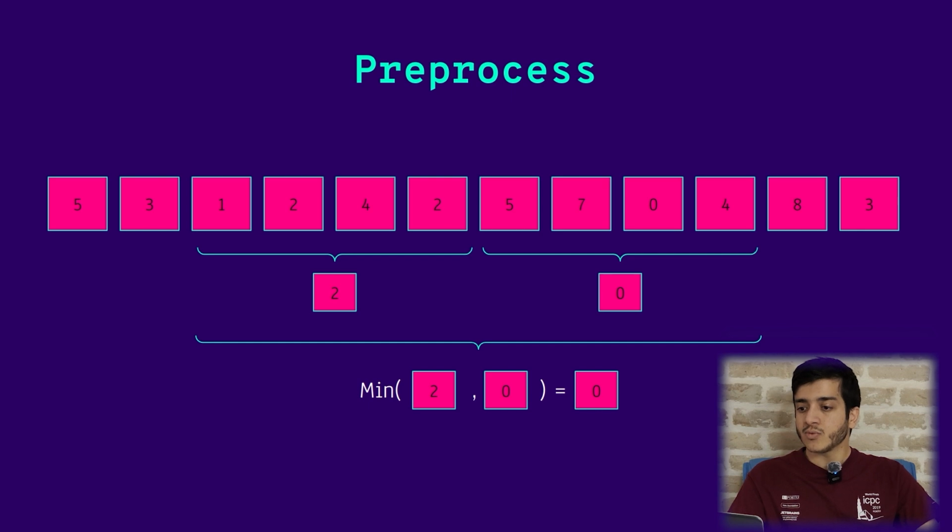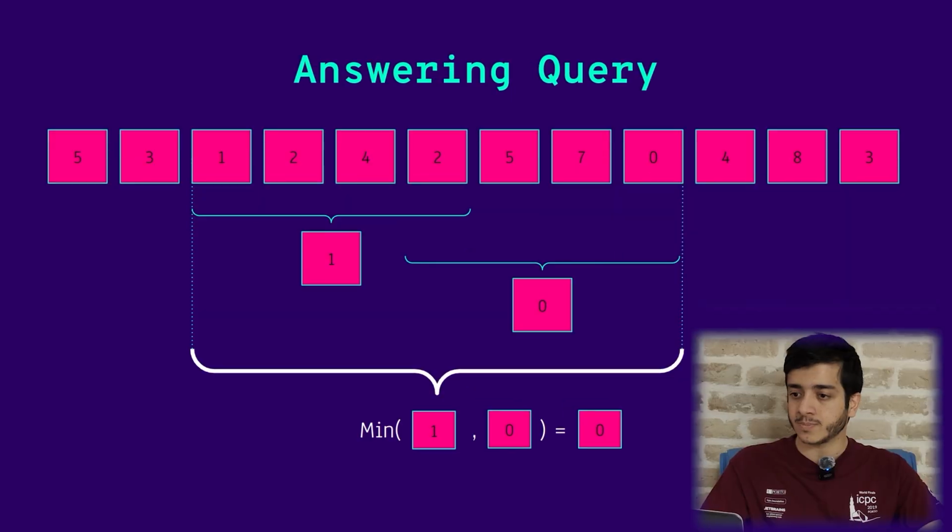Like here, for calculating minimum of this block which has length 8, we calculate the minimum first for those two smaller blocks of size 4, which is pre-calculated and already known, and we use minimum of them to calculate the minimum for the whole block.